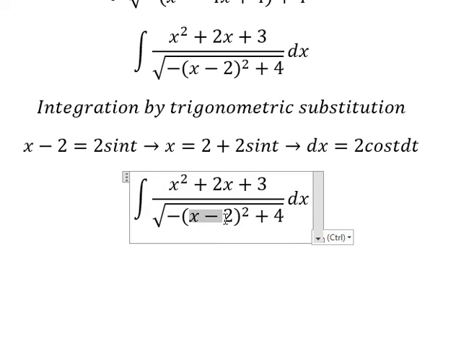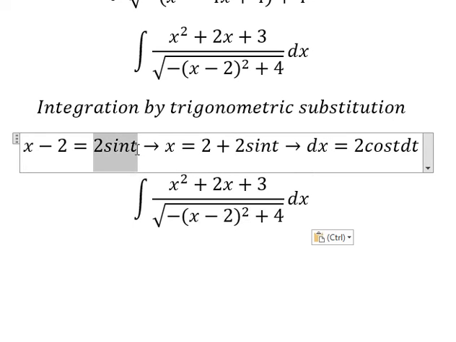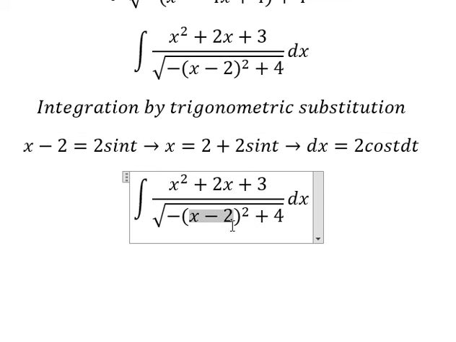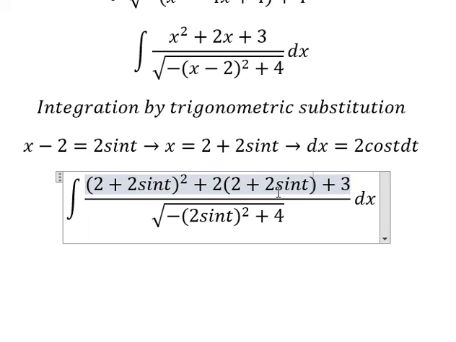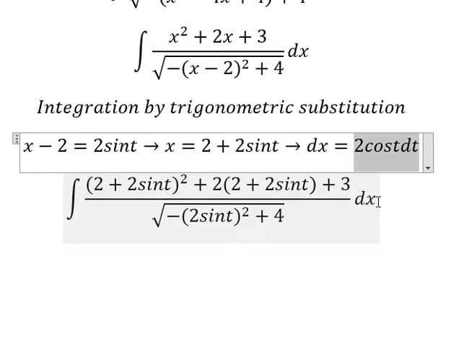So this one we change by this one. s we change by this one. ds we change by this one.